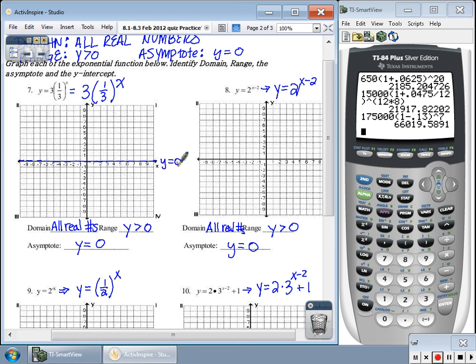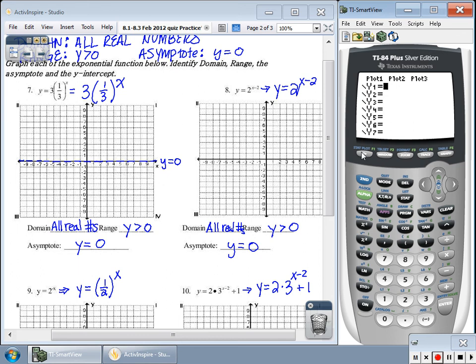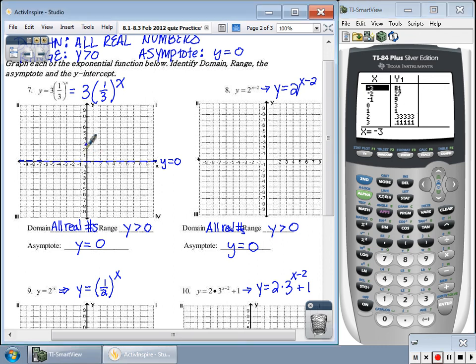Now we're going to use our calculator to get some other points. This is 3 times, in parentheses, 1 divided by 3, close the parentheses, caret x. And I'm not so much interested in the graph as I'm interested in the table of values. And you can see 0, 3. So over here, 0, 3, and label that point.